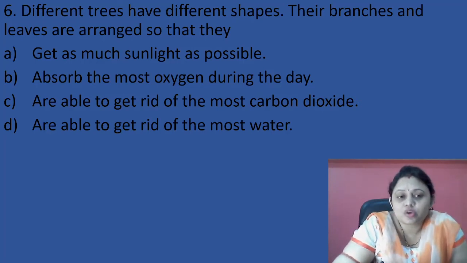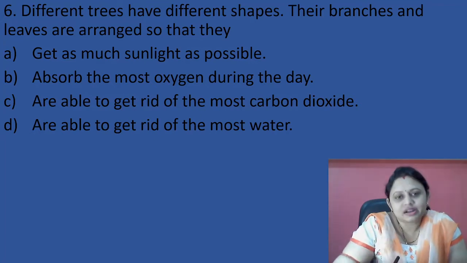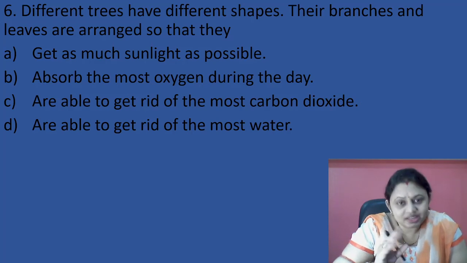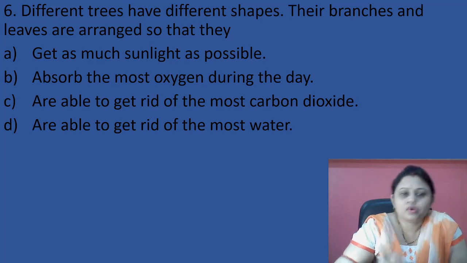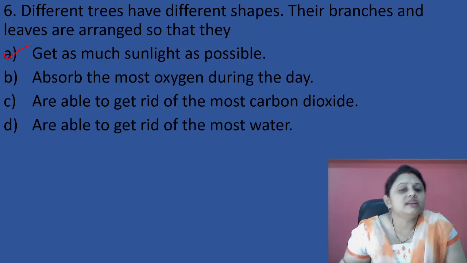In whatever position a plant is present, it can get oxygen, get rid of its carbon dioxide, and get water. But a tree needs a proper shape only for sunlight. So the correct answer is option A, that is sunlight.